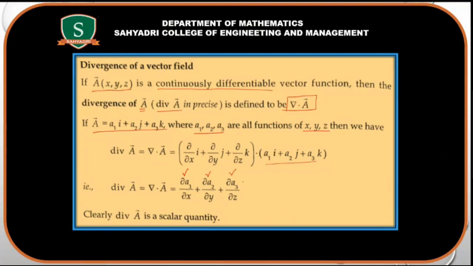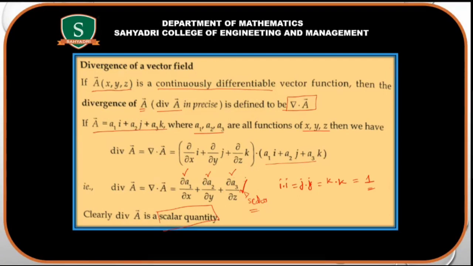Where i dot i, j dot j, and k dot k are 1, because dot product between the same unit vectors gives the result as 1. So the resultant value of divergence is a scalar quantity.